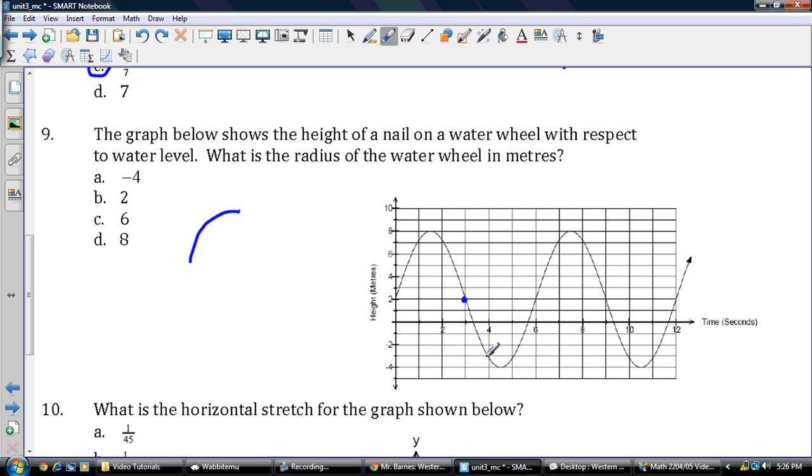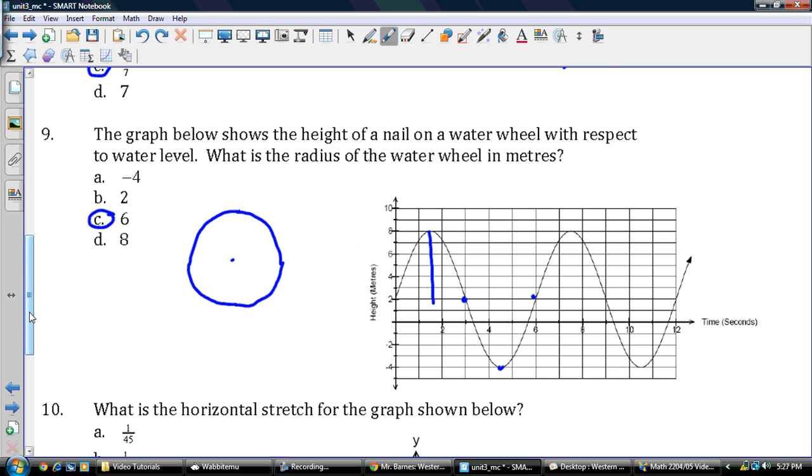Then we go a little further, and now we're at the bottom, the minimum. Then we're back up to here, and then all the way around. If we think about it, the radius is just going to be our amplitude. It's going to be 2, 4, 6. So our amplitude is 6, and that is our radius.